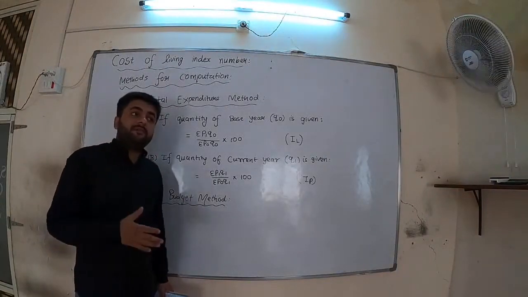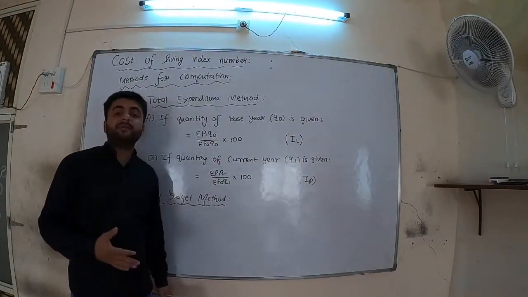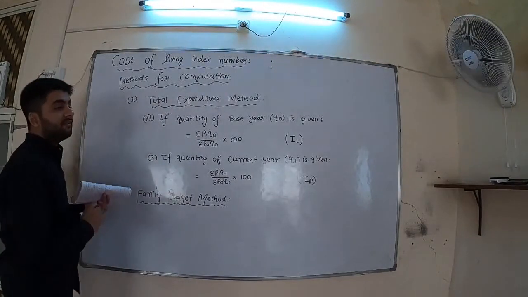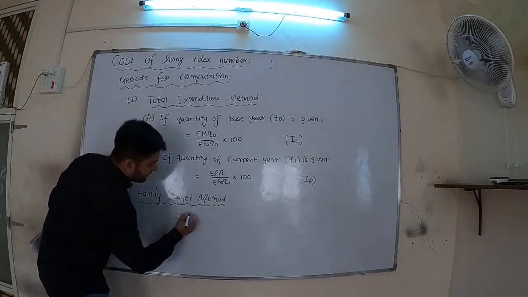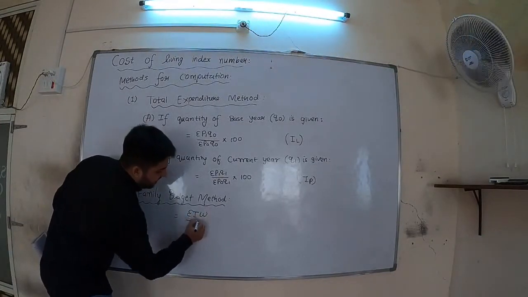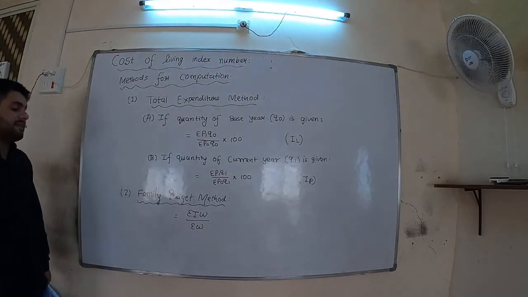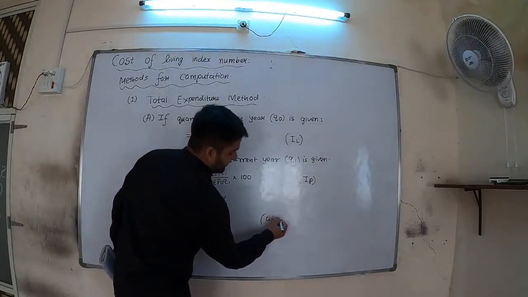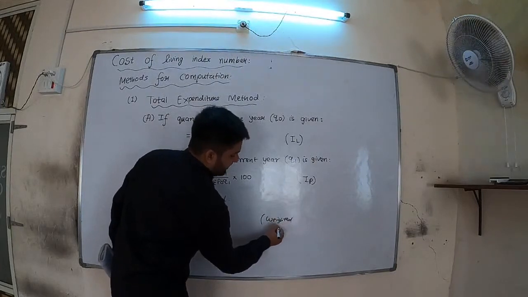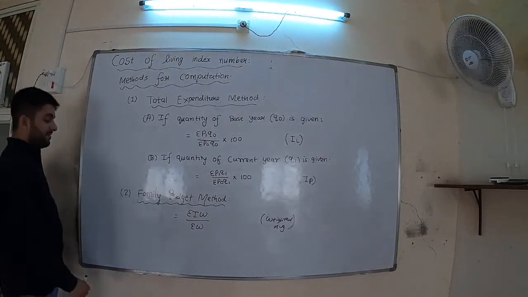Again, in 1.3 one more method was there, the weighted index. That formula is being used here, but we will not give the name weighted average. What name do we give? Family budget method. Its formula is sigma IW divided by sigma W. Okay friends, this is the basic change. Formulas are same, weighted average, but the names are different.